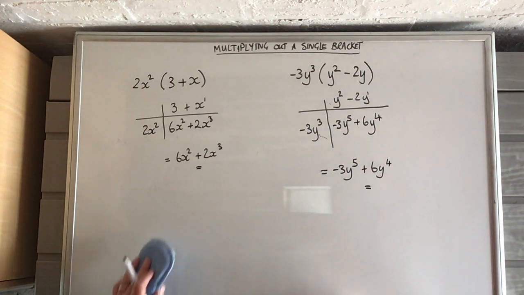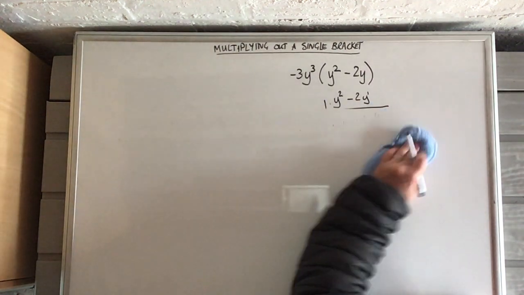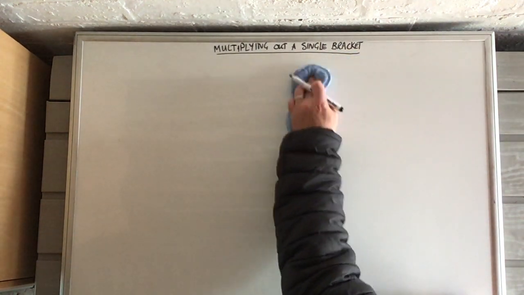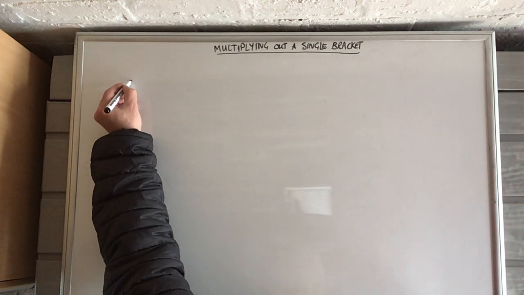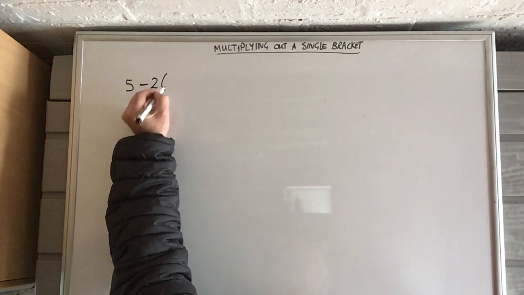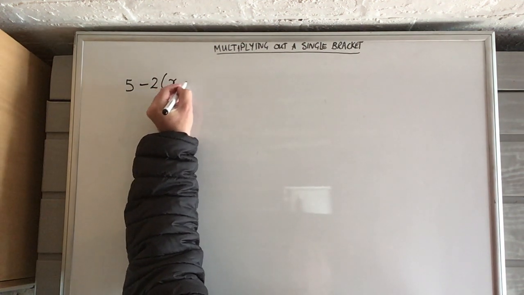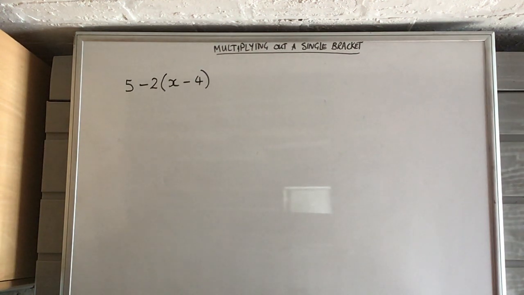One last type I want to give you is where you have the bracket at the end of an expression, or even in the middle. So let's go for 5 minus 2 bracket x minus 4. Something like that.